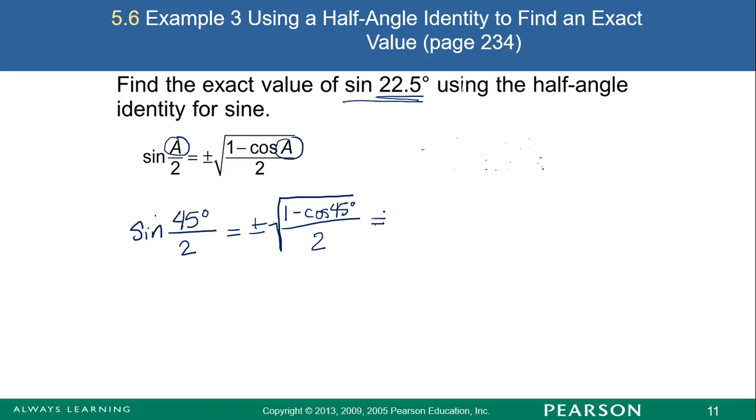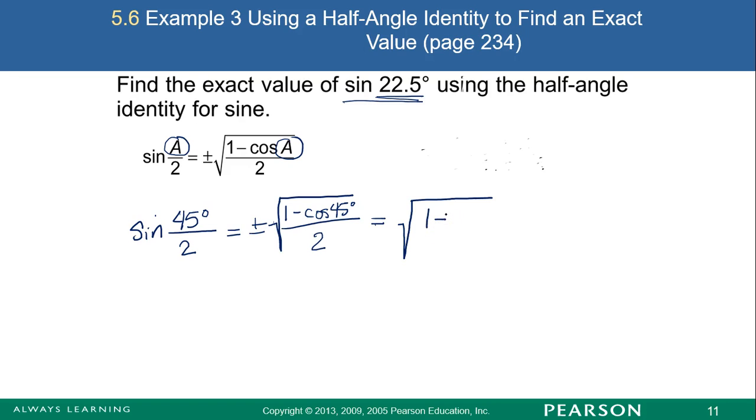Okay, so to determine whether we use plus or minus, well, we look at our original angle, 22.5. That is in the first quadrant, so everything is positive in the first quadrant. So the value of sine of 45 over 2 is going to be positive also. So use positive at this value that we're about to find.